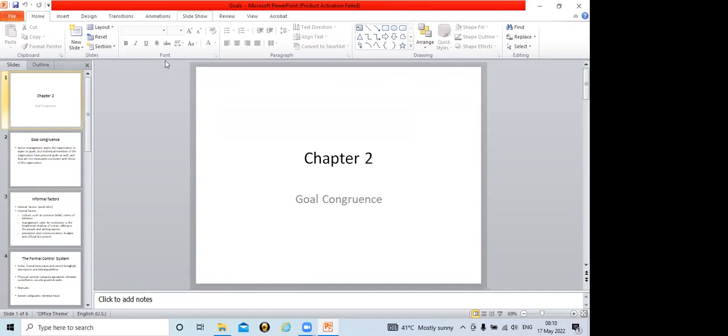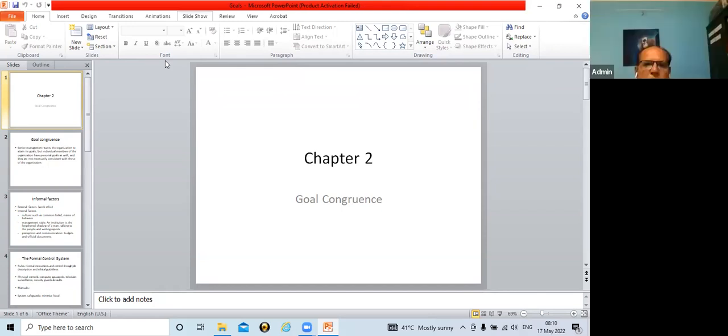It is a non-financial parameter where we discuss balance scorecard, which is the evaluation method, that is a non-financial performance measure. It is a non-financial performance measure.